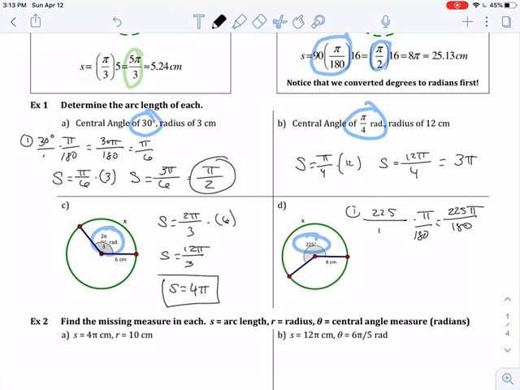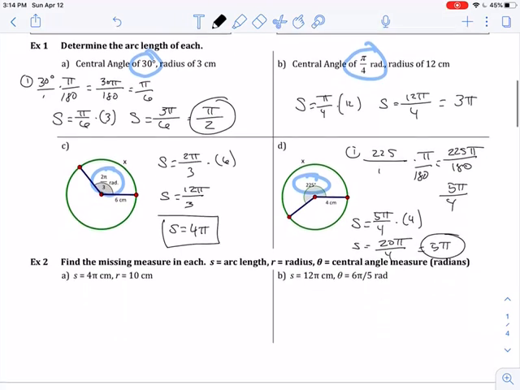And if I simplified that in my calculator, that would simplify down to 5 pi over 4. So now I just need to do my formula, right? I need to do my S equals theta times radius. So my arc length is going to equal 5 pi over 4 times the radius, which is 4. So I'm going to have S equals 20 pi over 4. And we'll let that simplify down to 5 pi.